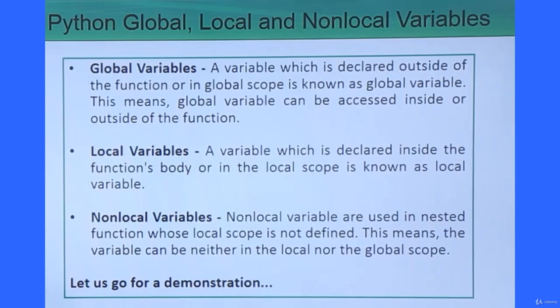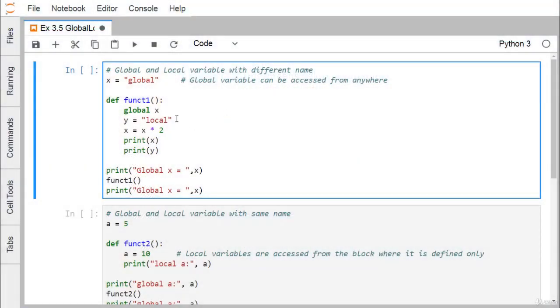I think the concept is not getting clear to us, so let us go for one practical demonstration for better understanding. In this example, we have defined one x outside of function 1. So it is a global variable x, containing the string global.